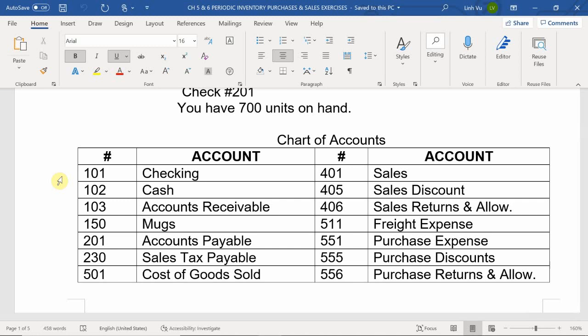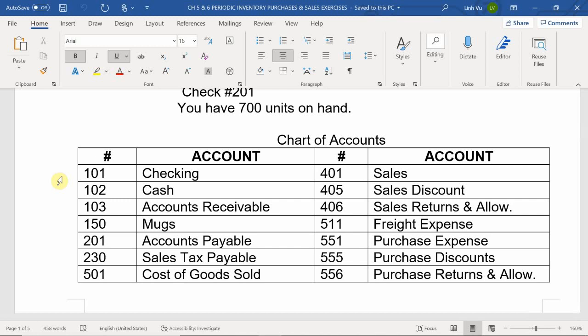When we talk about periodic inventory, what do we first recognize that inventory as? What do you mean? I don't understand the question. So in chapter 5, when we talked about periodic inventory and we purchase inventory, how do you recognize that inventory?